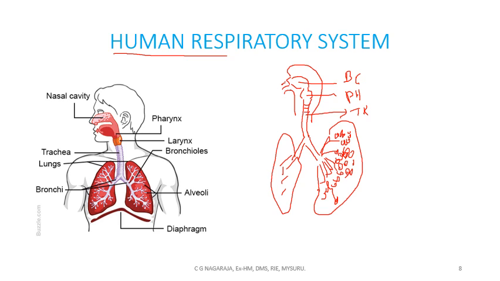These rings are made up of cartilage, and the trachea will break into bronchi, left and right bronchi. That divides into very small bronchioles, which end up in structures called the alveoli.